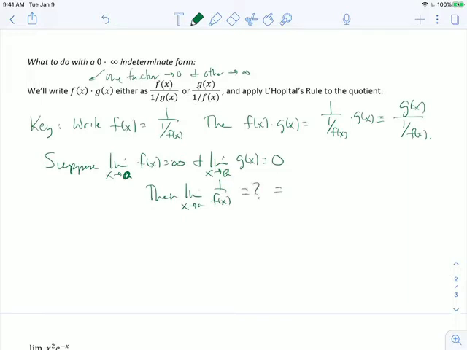Well, that's 1 over a large number, since f of x is going toward infinity, so this is heading towards 0. So g of x over 1 over f of x in this case would be a 0 over 0 form. If f of x is getting really big, then its reciprocal is getting really tiny, close to 0.